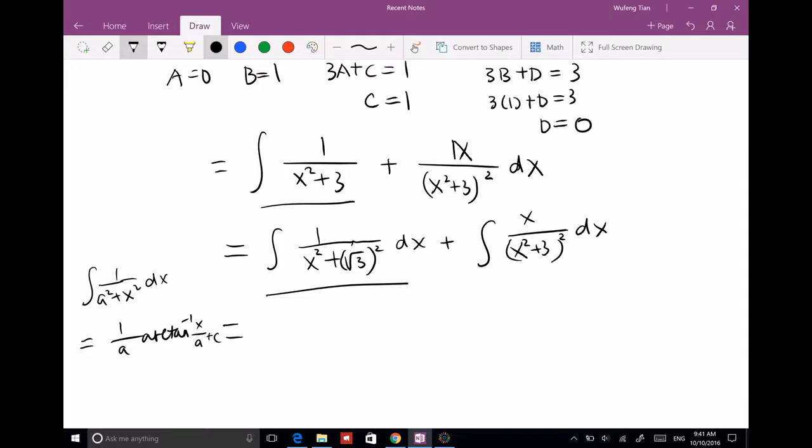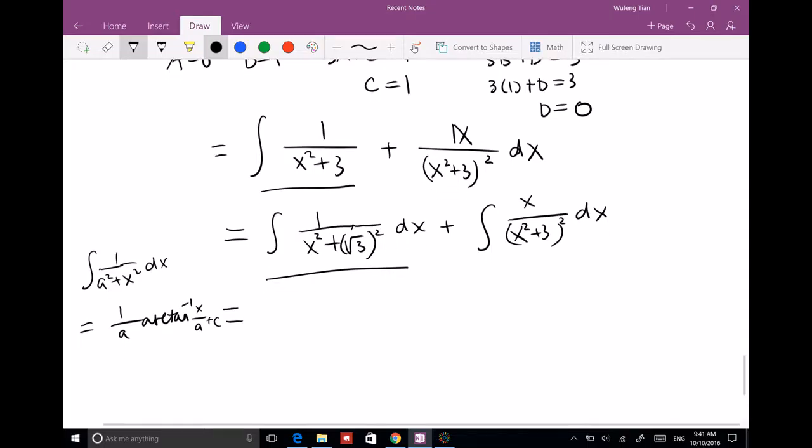So now can you finish it? So 1 over square root of 3. 1 over square root of 3, very good. Then arctangent of x over square root of 3. Do you have any idea about the other one?